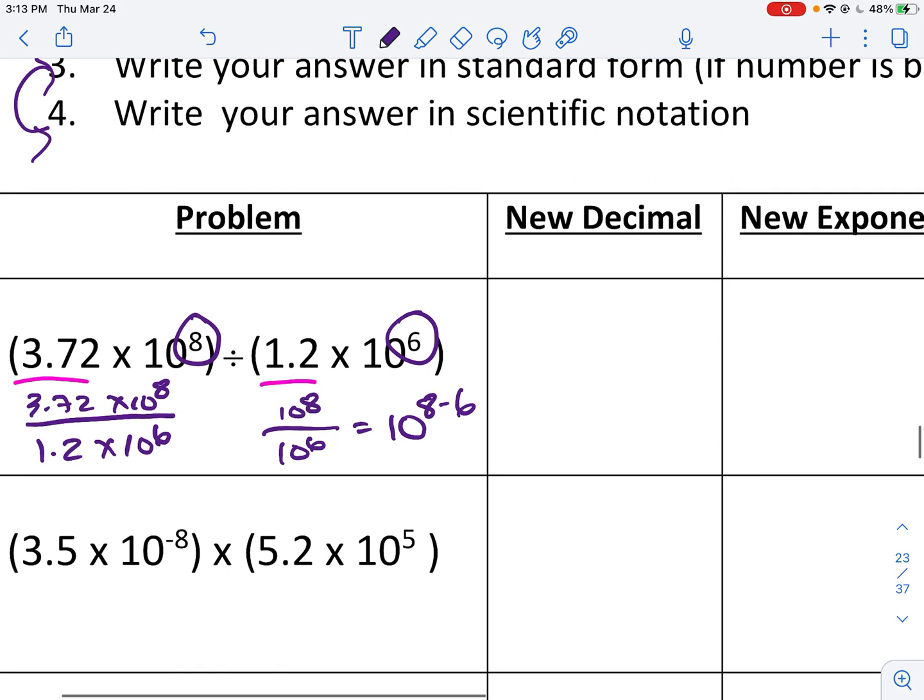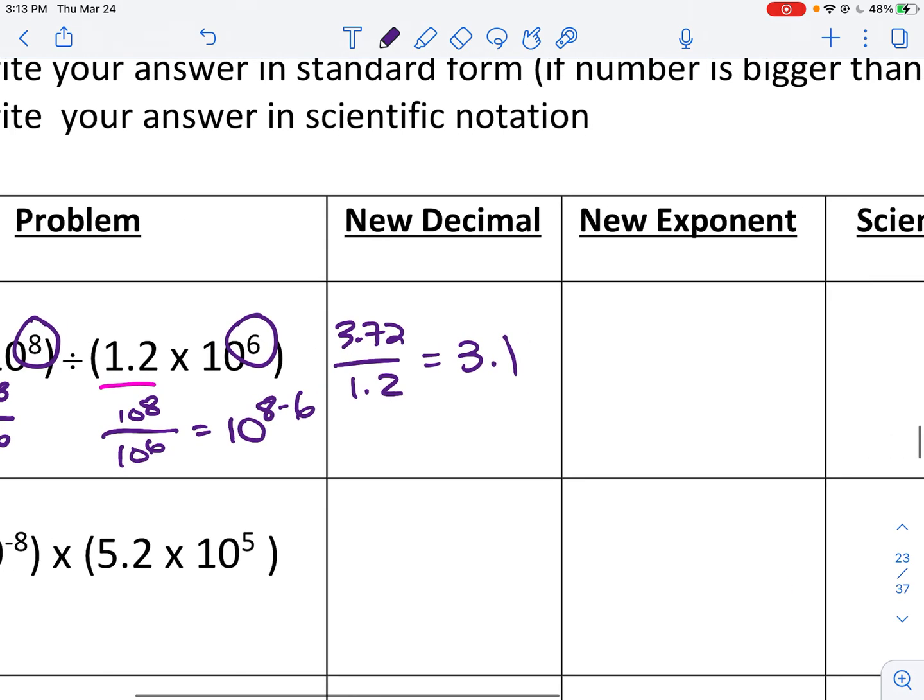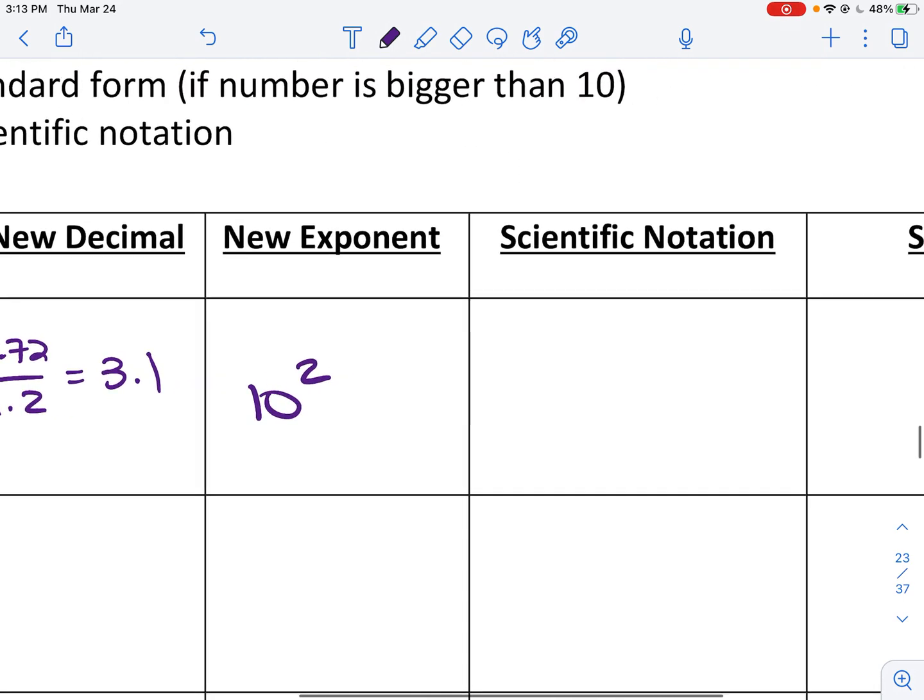So the very first thing we're going to do, we're going to divide 3.72 by 1.2. And when we do that, we get 3.1. The new exponent, I just did it with you right here. So we're going to subtract 8 minus 6, which will get me 2. So the scientific, I write down the mantissa times 10 to the 2nd power.